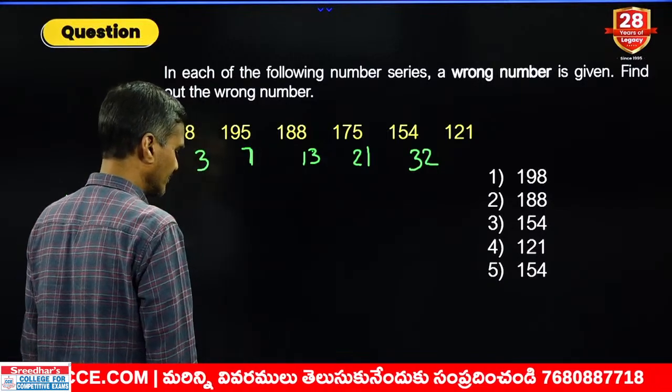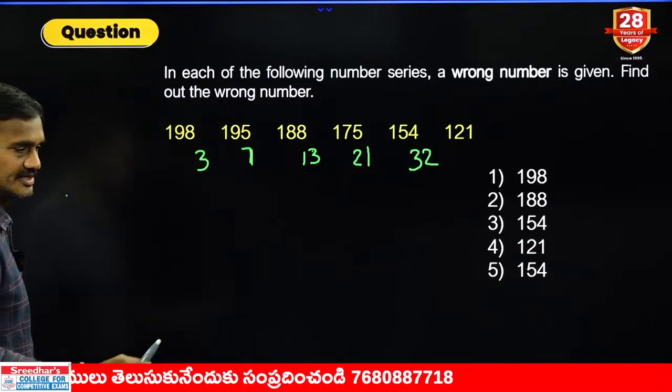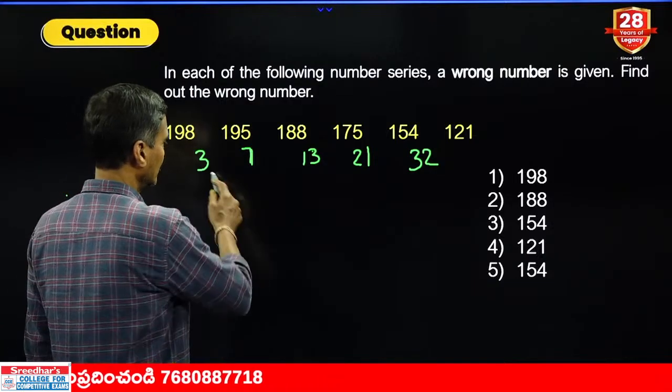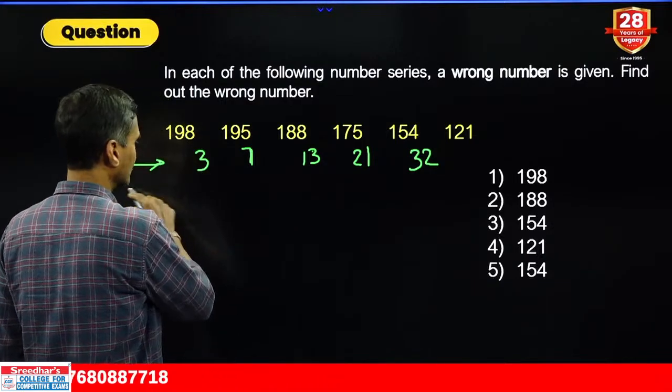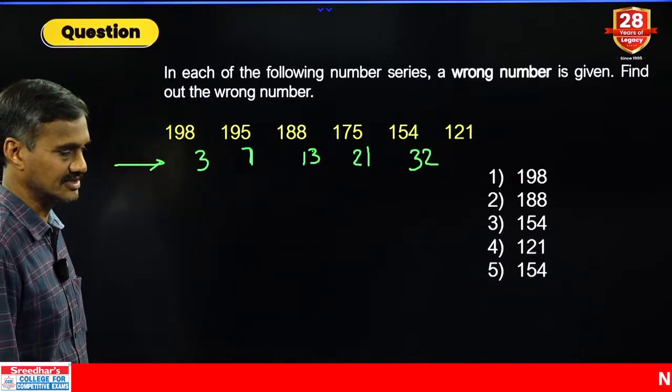Now minus 3, minus 7, minus 13, minus 21, minus 32. These are the differences between the numbers. Now 3, 7, 13. If you observe here, they are neither squares nor cubes or multiples or something else.